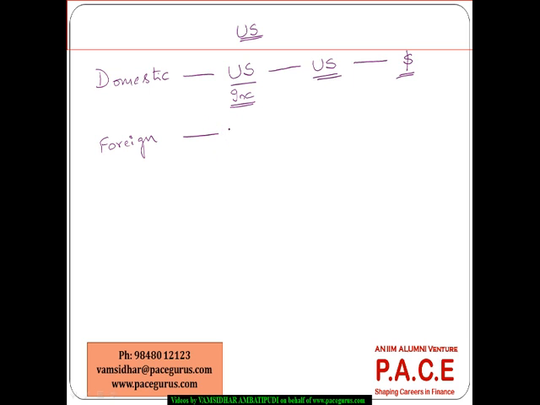If a bond is issued by any other country other than the US, let's say India, if a bond is issued by an Indian company, a company which is incorporated in India, and it is trading in the US bond market in US dollars.